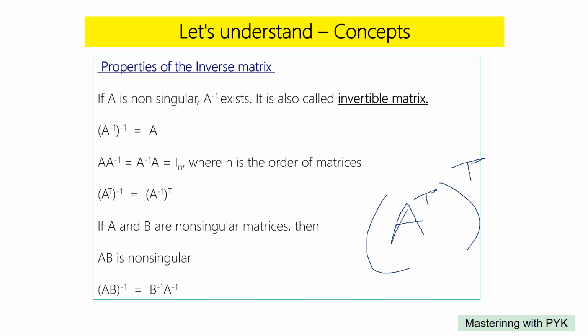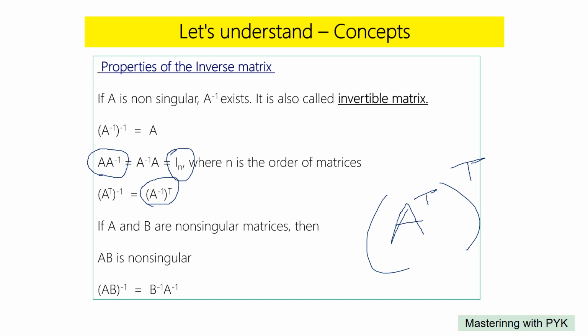And when we do a multiplication or a dot product of a matrix with its inverse, we will be getting an identity matrix of the same order. If a matrix is a transpose and we have to take the inverse, it is the same as the inverse of the matrix and then having its transpose.